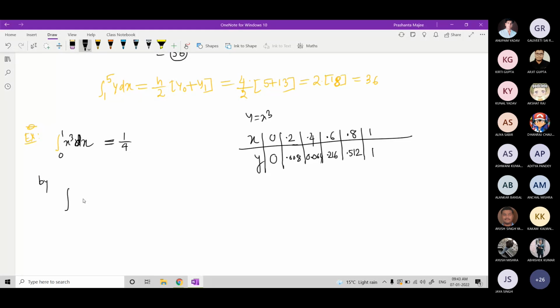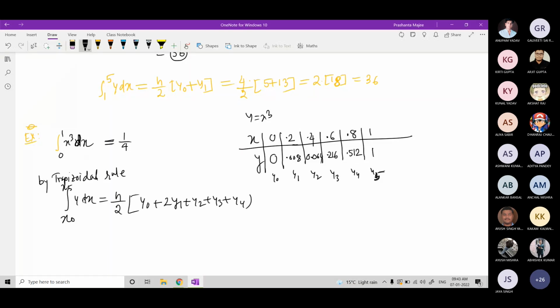By trapezoidal rule, the integral of y dx, if you consider this y naught, y1, y2, y3, y4, y5, so x naught to x5 y dx, it will be h by 2 times y naught plus 2 times y1 plus y2 plus y3 plus y4 plus y5.